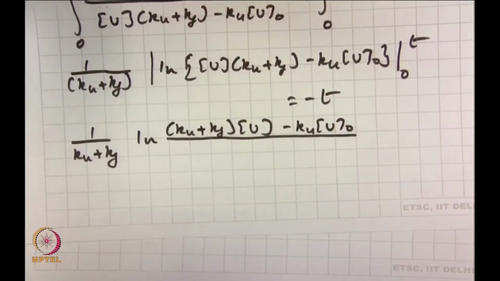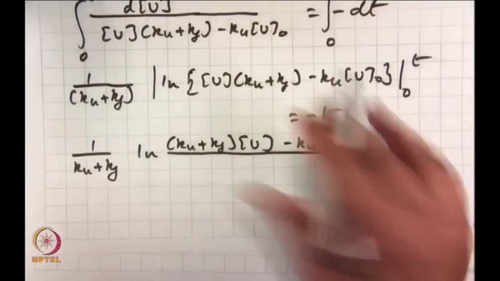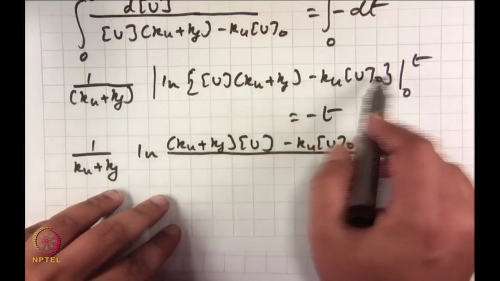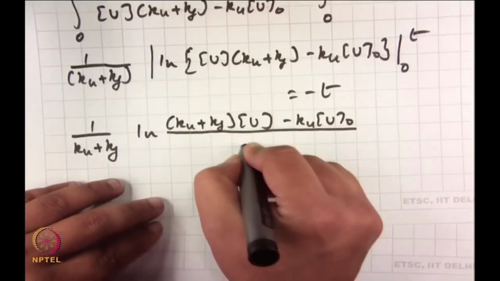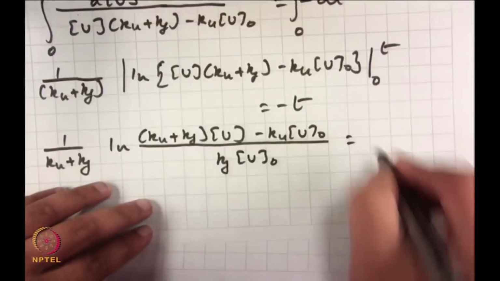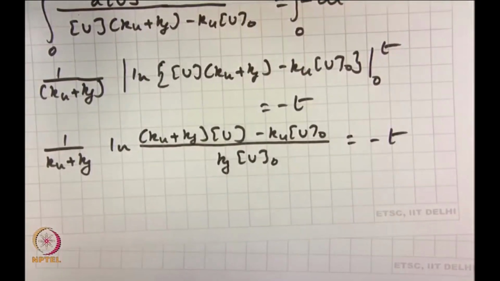Remember, it is t is equal to what? 0. If t is equal to 0, what happens to u? U is equal to u 0. So, what am I left with? So, see, this is u 0 k u plus u 0 k f minus u 0 k u. So, what am I left with? I am left with k f into u naught, and this would be equal to minus t, right.